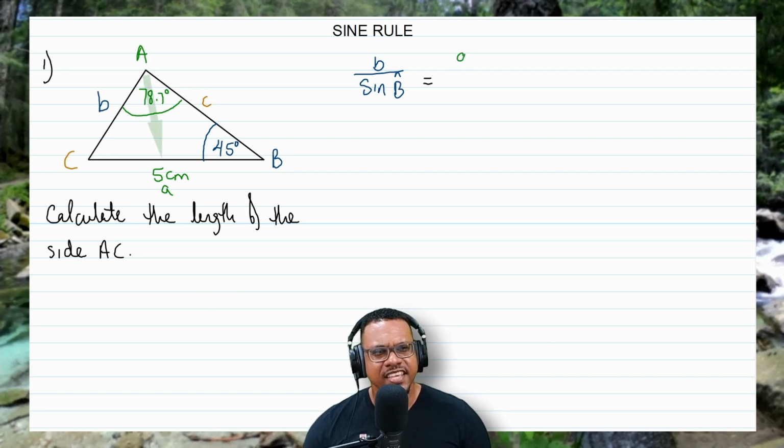So I'll be using a over sine capital A. And that's because I know the length of side a and also the magnitude of angle A. So I'm going to have b over sine capital B, which is 45 degrees, is equal to, and small a is this 5 centimeters, so 5 centimeters over sine capital A, and capital A is 78.7 degrees.